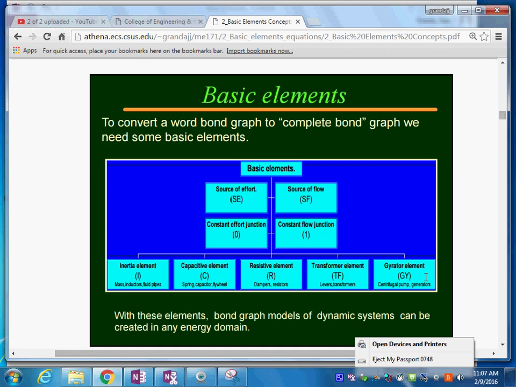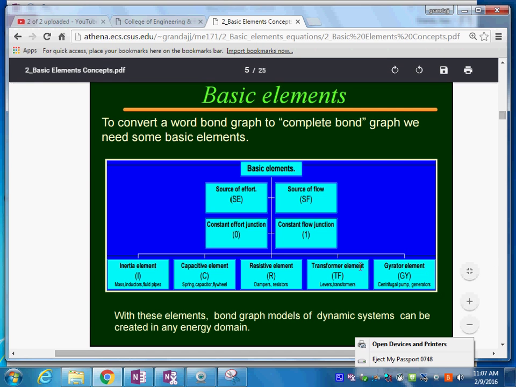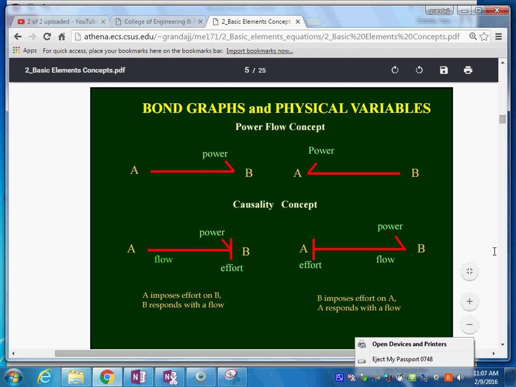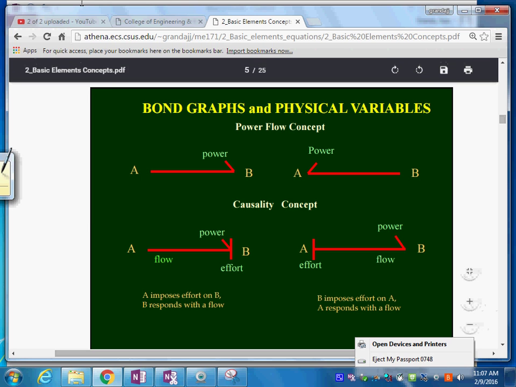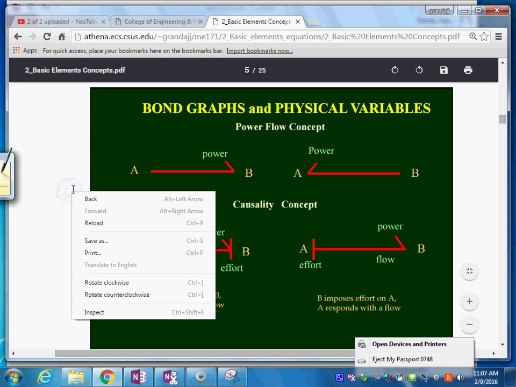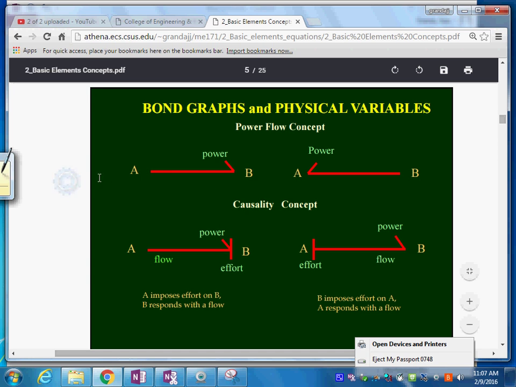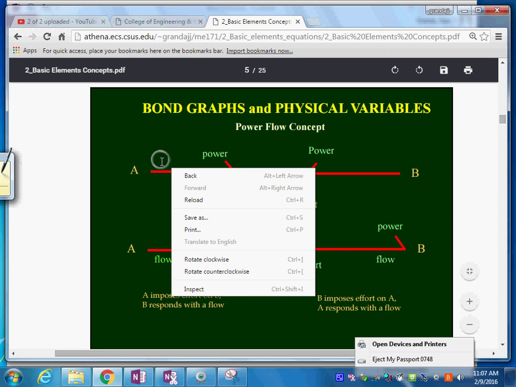In this case, you see you have element A and then you have element B. Well, it turns out that this line that we draw from A to B indicates the power flow. Power flows from A to B.